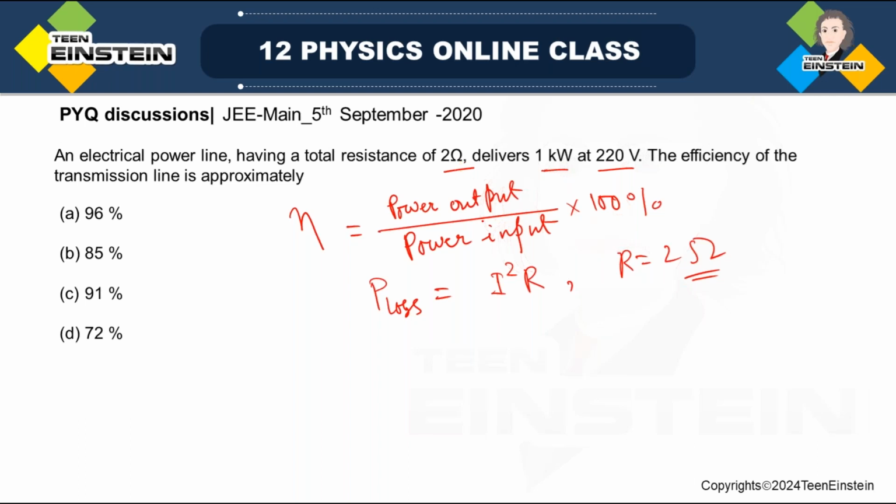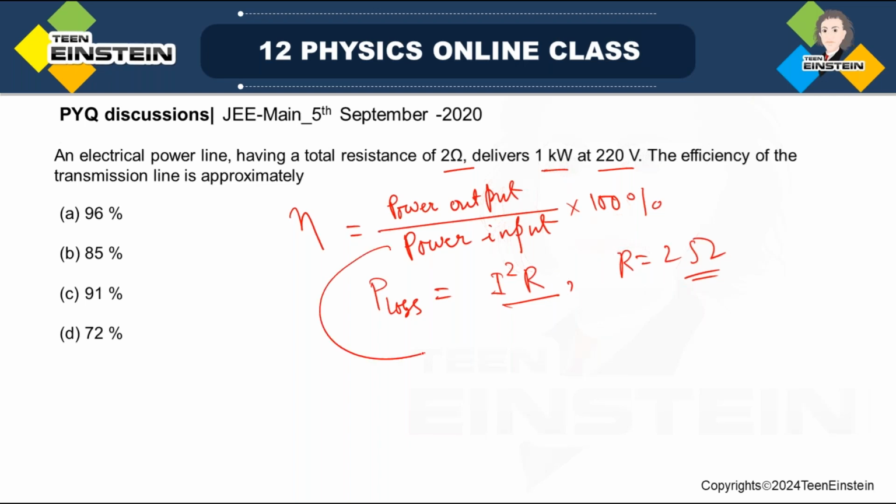So then I can get the lost power. And if I have to get 1 kilowatt, then I have to give a surplus of this much lost power in the input. If I have to get 1 kilowatt in the output, since this line has 2 ohm resistance already, there will be some resistive loss.